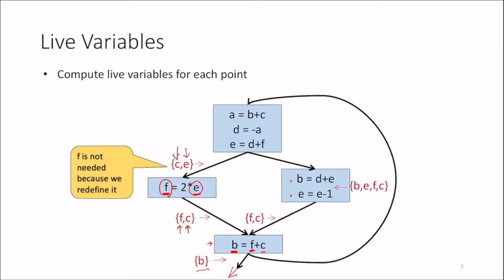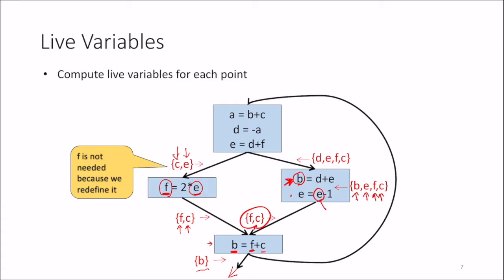If you look at this point in the program, we know we want a b because I've just computed it. So this b has to be in there. We need an e, so that's why we need e there. And finally, we need an f and c, so f and c has to be in there. And so what's coming into this basic block has to be, so notice that we're defining b, so we don't need b coming into this block because we're defining it.